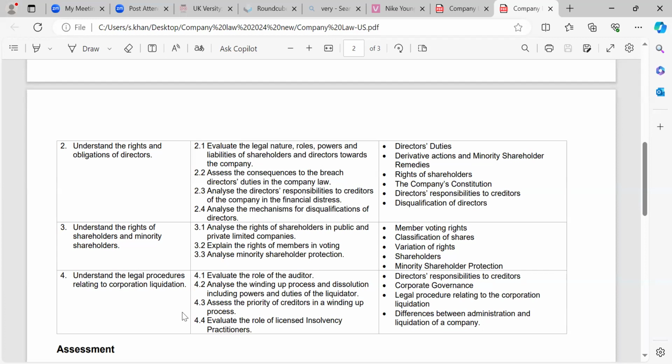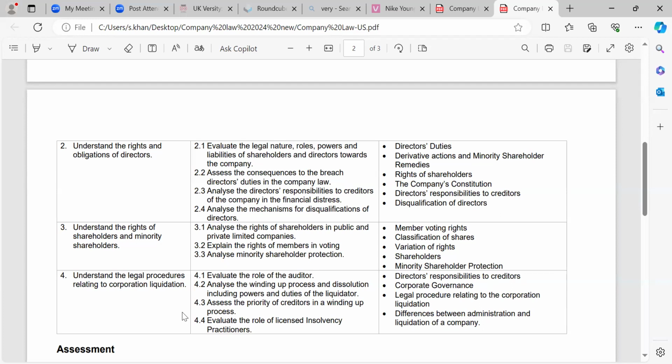We then went on to look at the powers of the directors and how they manage the company's affairs, subject to restrictions imposed by the company's articles of association. We looked at the liabilities of directors, and they have their own fiduciary duty to the company and shareholders.